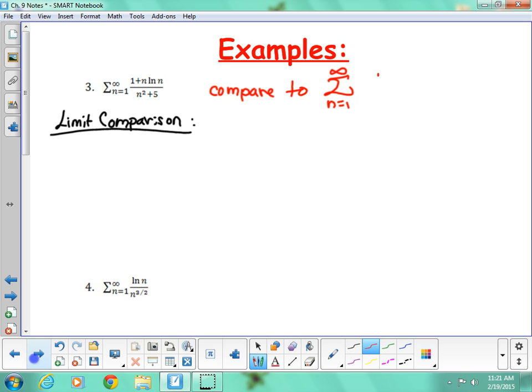How about 1 over n? 1 over n diverges by? n squared. Yeah, it worked. A little bit easier? I was trying to make this easier. Diverges by p series since p equals 1.